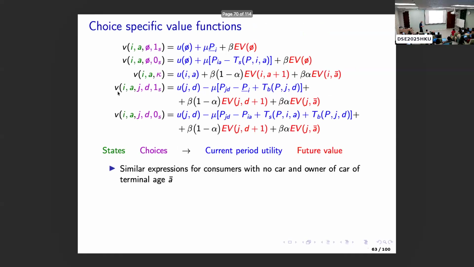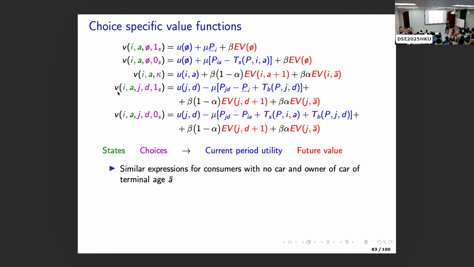And then there's going to be a choice-specific value function. I'm not going to go through all of them, but let's just say here's one. This is if I wake up in the morning. This is my state, right, with a car of type I, and it has age A. If I choose to purge it, tomorrow I'm going to have no car.